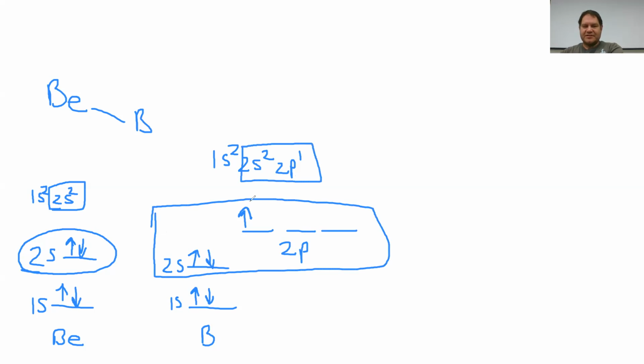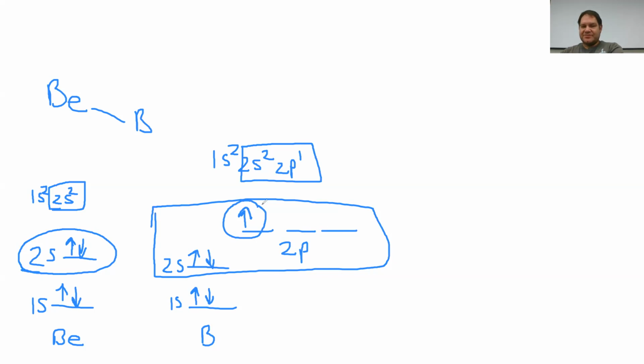Which electron out of these 3 electrons is most likely to be removed first? Are we removing the 2p or the 2s first? Well, you know that based on this energy diagram, even though they're on the same energy level, the 2p subshell has more energy than the 2s. So therefore, we're going to lose the electron in the 2p before the 2s, okay?